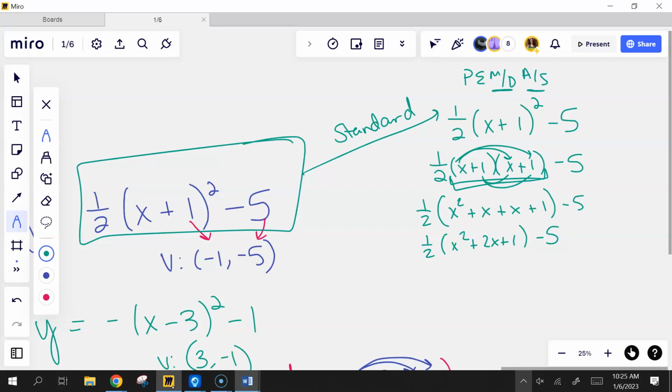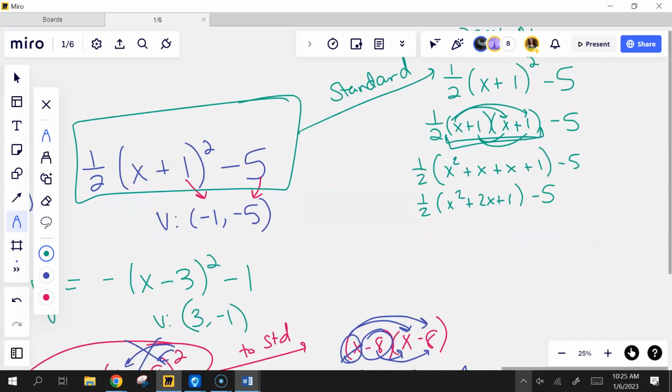Now I can move on to multiplication division. Now I can distribute that 1/2 safely. 1/2 x squared. What's a half times 2? 1. You don't have to put the 1 in front. A half times 1?